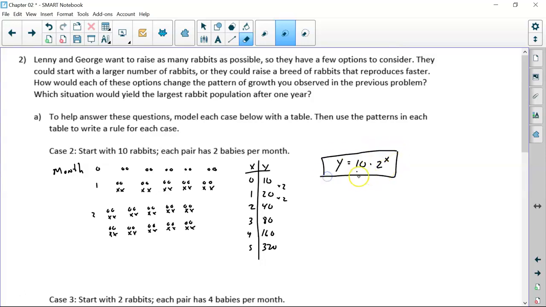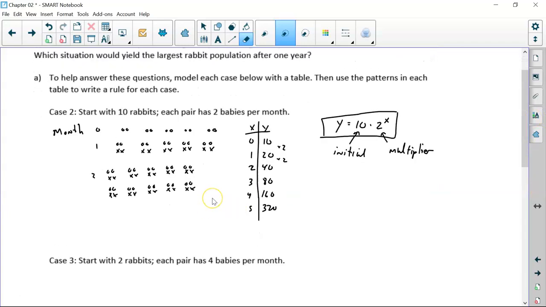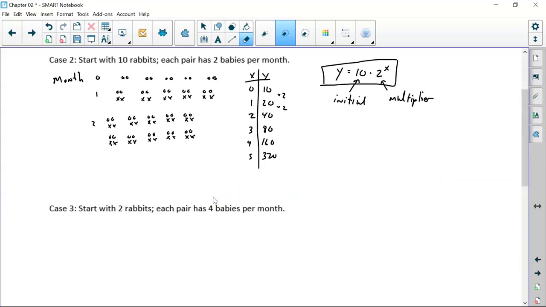We started with 10, and our multiplier was 2. We're doubling each month. They're each having a multiplier by 2 each month. In the next case, we start with 2, and each pair has 4 per month.